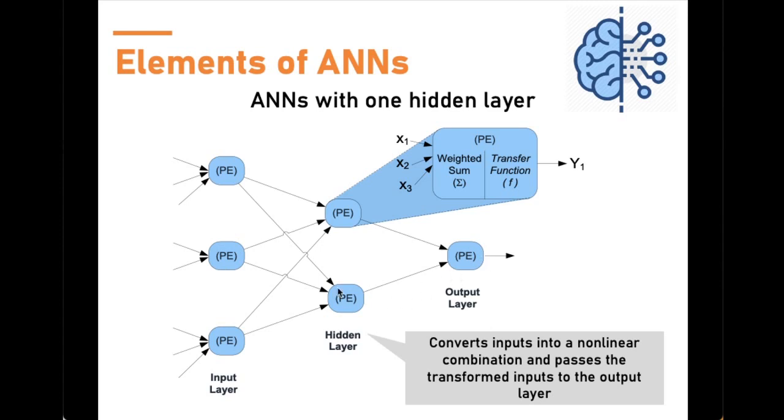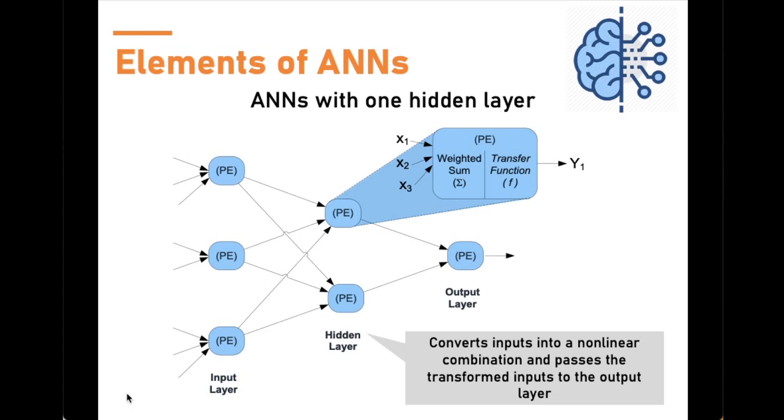The hidden layer converts inputs into a nonlinear combination and passes the transformed inputs to the output layer. A neural network can have one or more hidden layers, and the number of neurons in each hidden layer can vary depending on the complexity of the problem being solved.